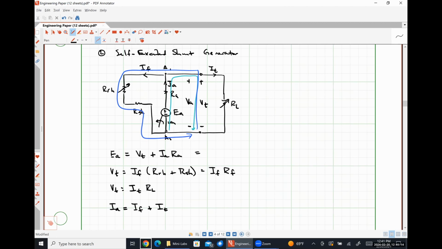And once again, our induced voltage will always be given by Ka by D times omega M. So the relationship's a little bit more difficult, but nothing that Kirchhoff's current law and Kirchhoff's voltage law can't sort out, because it's just a simple DC circuit.